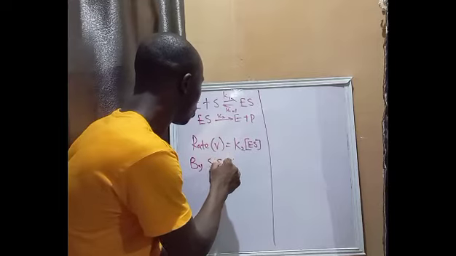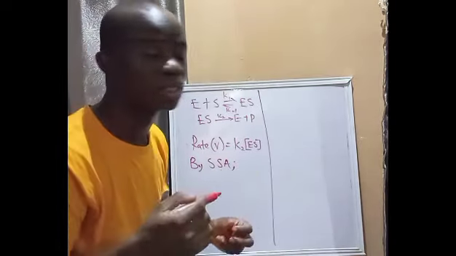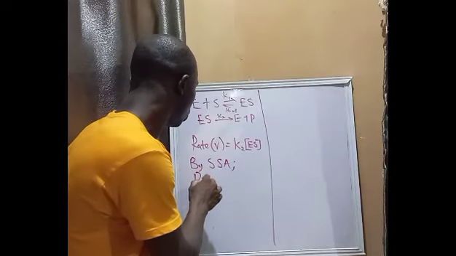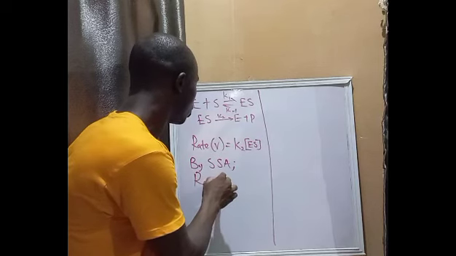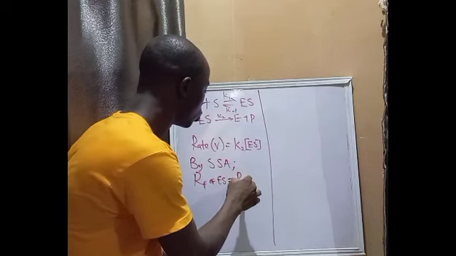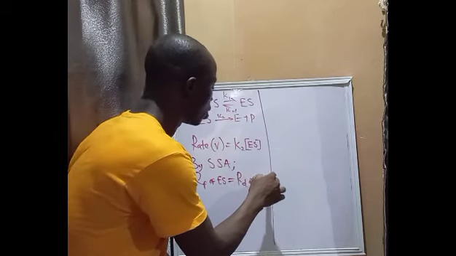So SSA implies steady state approach. We can say that the rate of formation of the intermediate ES will be equals to the rate of decomposition of the same ES.